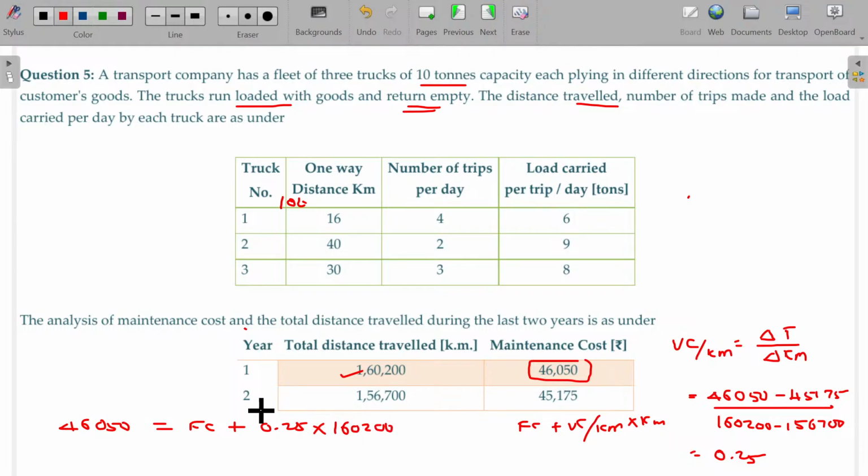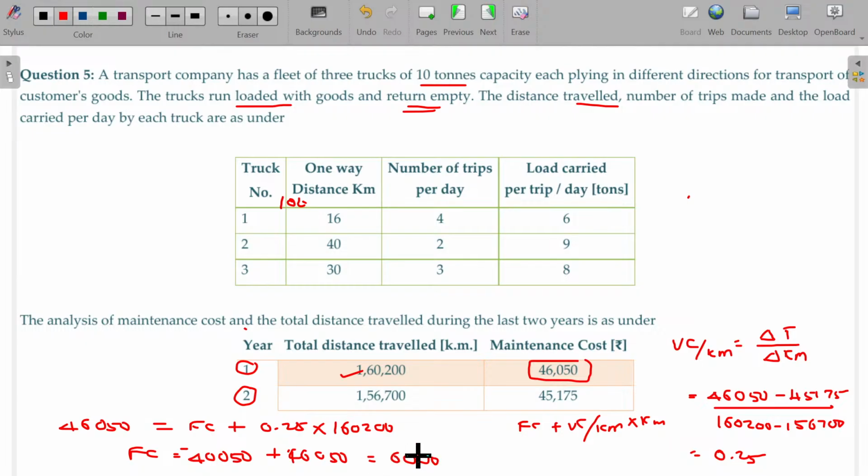You can take the second year information also. You will get the fixed cost being the same. Here I have chosen year 1. Now you can find out the fixed cost easily. 0.25 into 1,60,200 being 40,050. Am I right? And 46,050 minus 40,050, ultimately the value being 6,000.